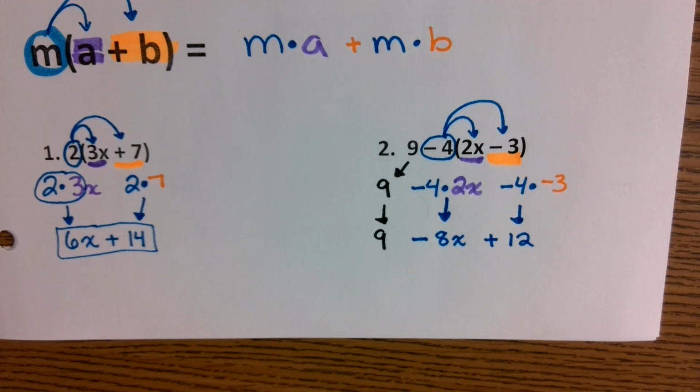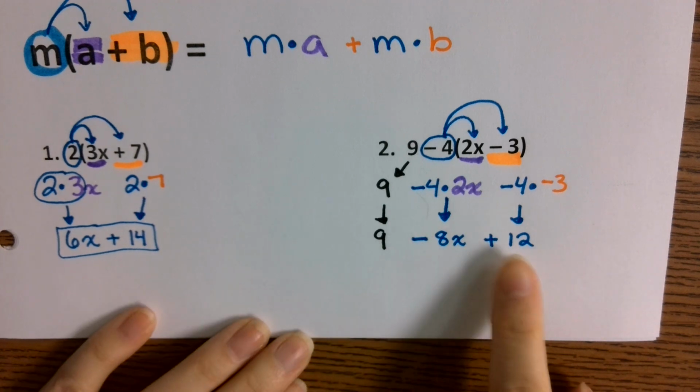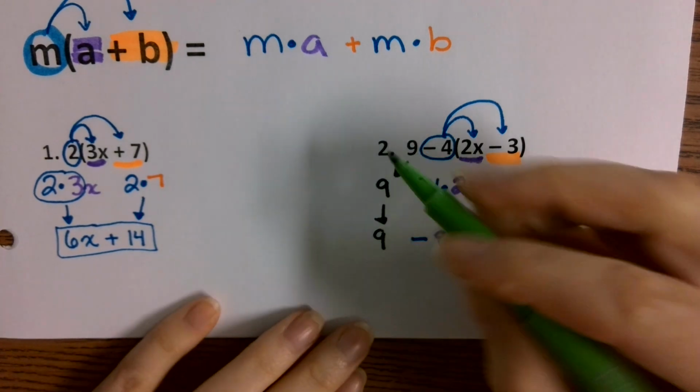Okay, I've distributed. Am I done? No, I'm not. Because do I have any like terms that can be combined together? Yeah. What can still be combined together up here? The 9 and the 12, right? Those are constants.